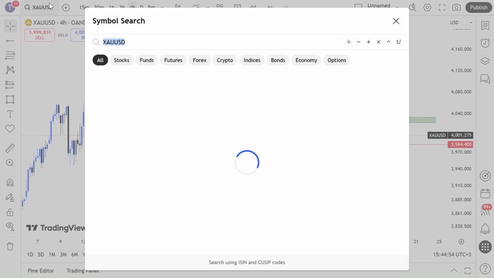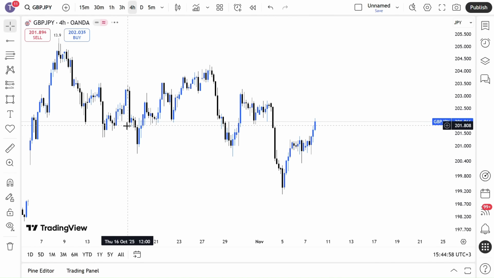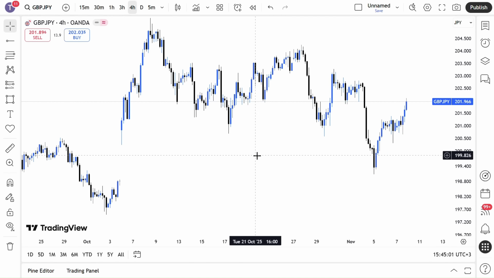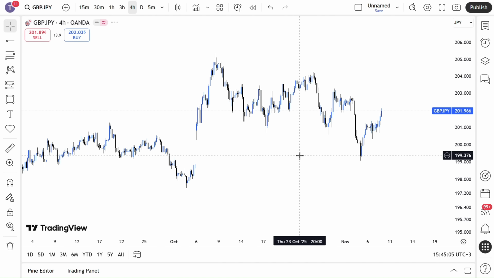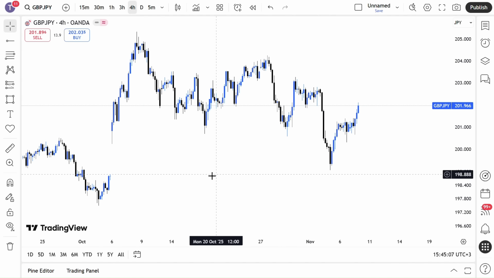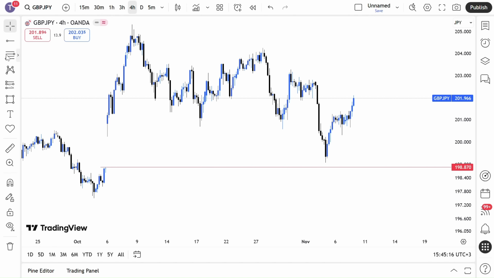So I also have an analysis on GBPJPY. So on GBPJPY, from the 4-hour time frame, let me start from the 4-hour time frame. We have GBPJPY filling in this gap. We have this gap being filled by GBPJPY.